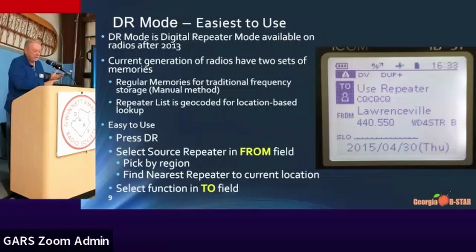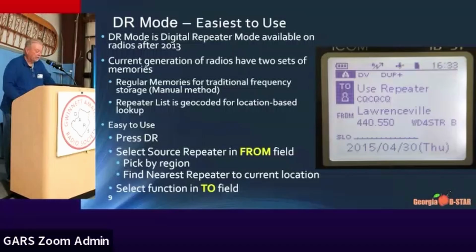For the repeater list, you're going to see some output of that when I update the memories. It comes out as a CSV file, and it's got all that information in there as well, but also has the location, the geocoded location.